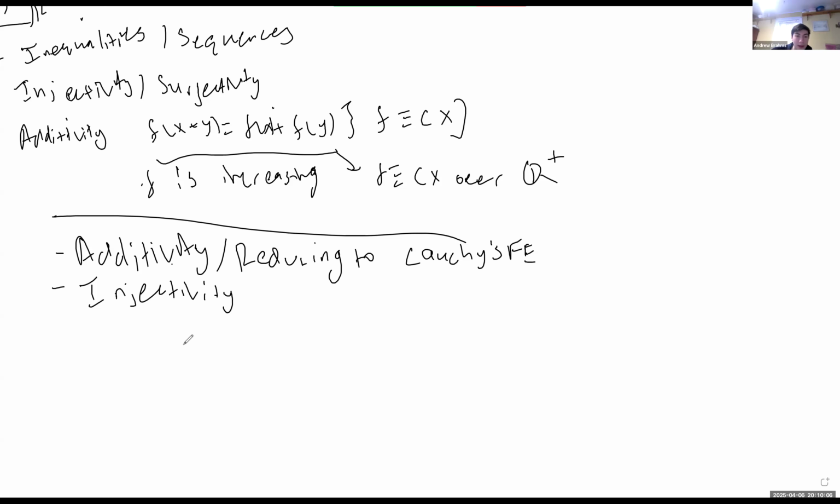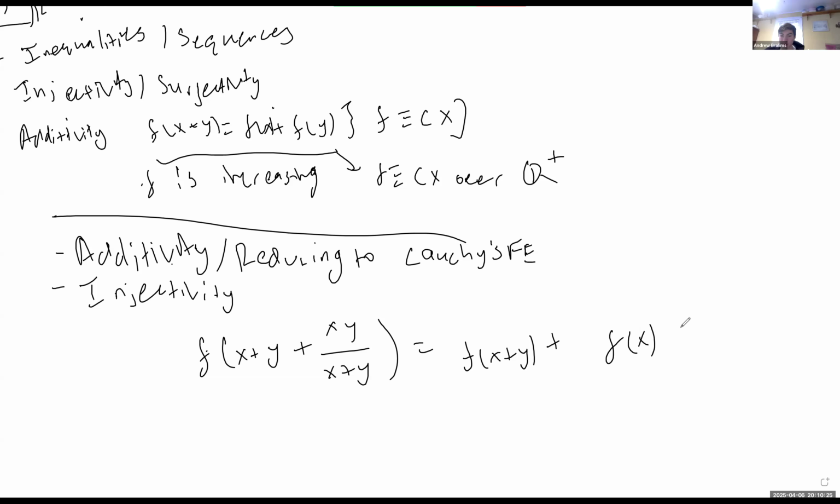For example, the second question on the handout from the Princeton University math competition was of the form f of (x plus y plus xy) over (x plus y) is equal to (f of x plus y plus f of x, f of y) over (x plus y). And this is over the positive reals.